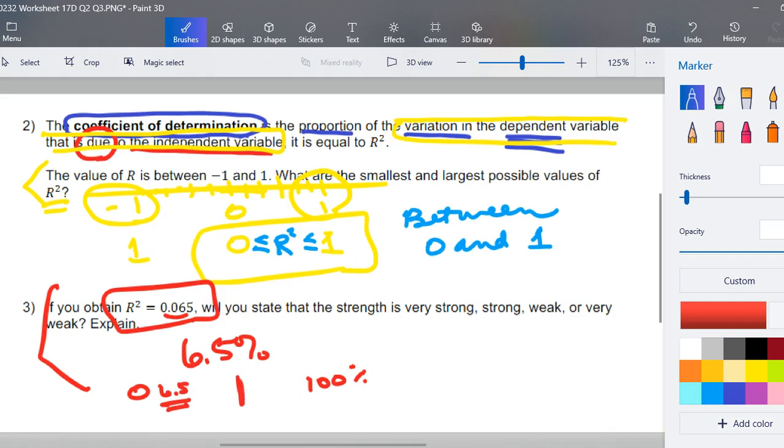And so it's not even halfway. It's not even up like at 75%. It's not even at 25%. So it's not very strong. It's not strong or weak. It is very weak. The coefficient of determination is very, very, very far away from 1.